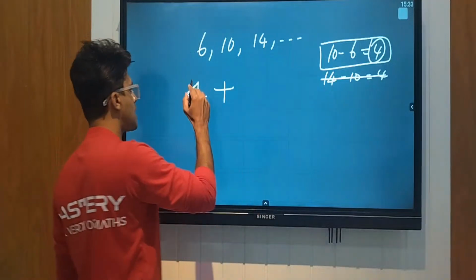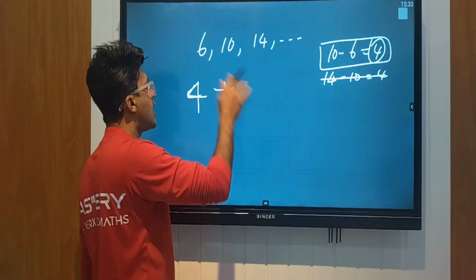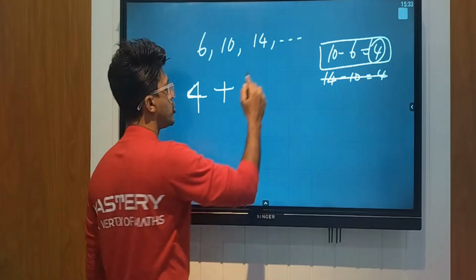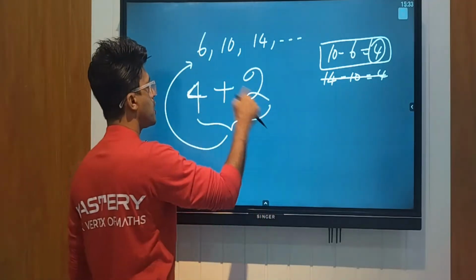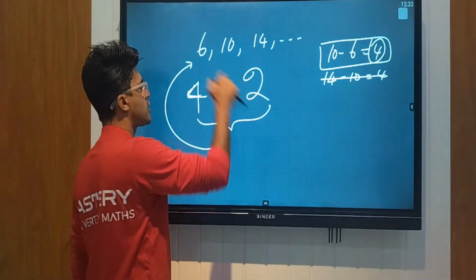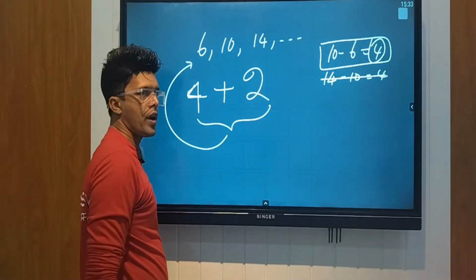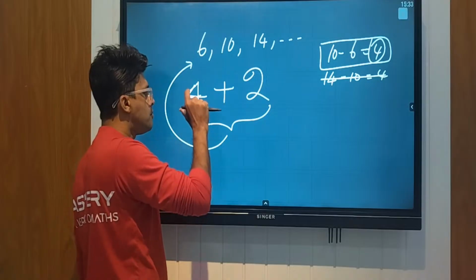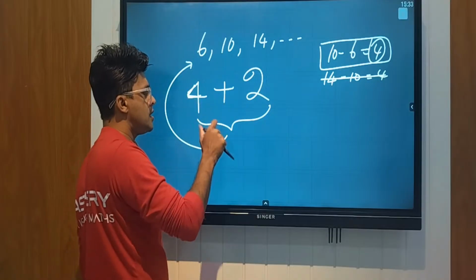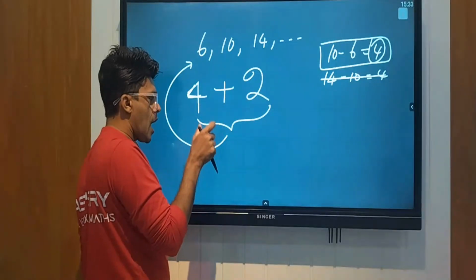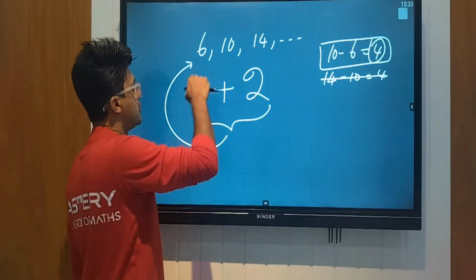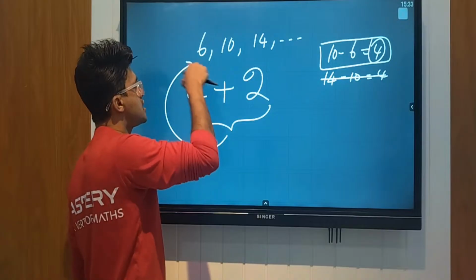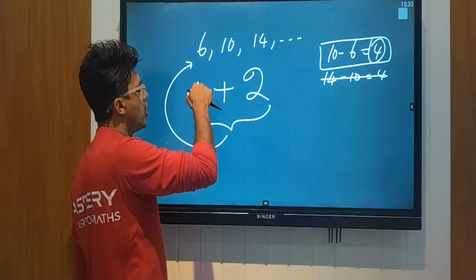What digit do you need so that you get 6? You know that 4 plus 2 is 6. This is the base, the idea that we apply in writing the general term.